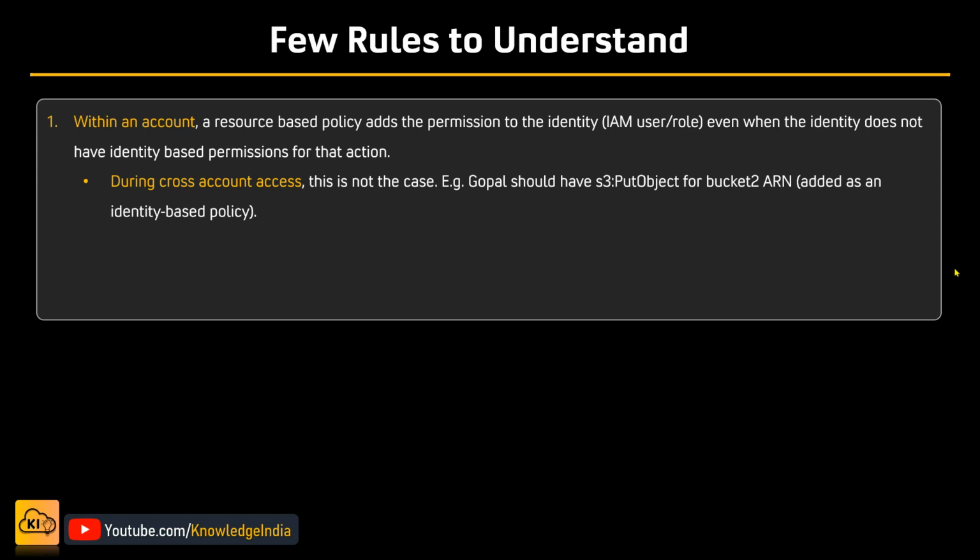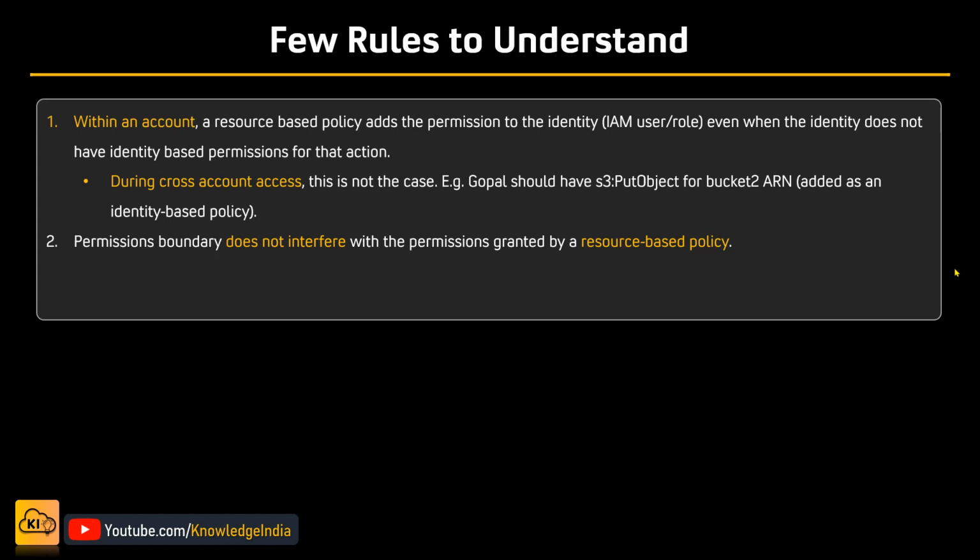Another important point here is that permissions boundary does not interfere with the permissions granted by a resource-based policy. I have done a detailed video already on permissions boundary. I'll just put the link in the description below if you want to go ahead and see that demo.